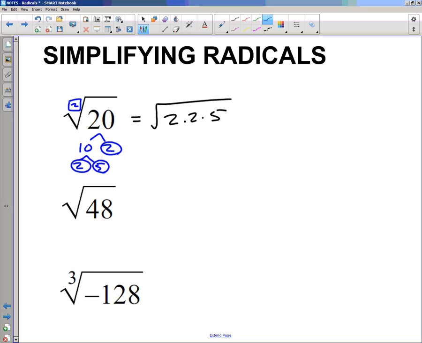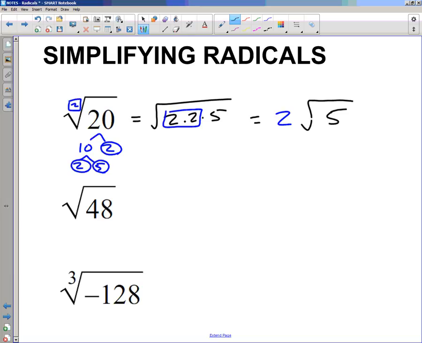Then we're looking for groups of 2, and I do have a couple of 2's here, so we're going to be able to bring that group to the outside. When it moves to the outside, you're only going to get a single 2 that comes out. So for each group, you get one factor that comes to the outside. There's a 5 left on the inside, and it's going to stay on the inside. So our final answer here is 2 radical 5.